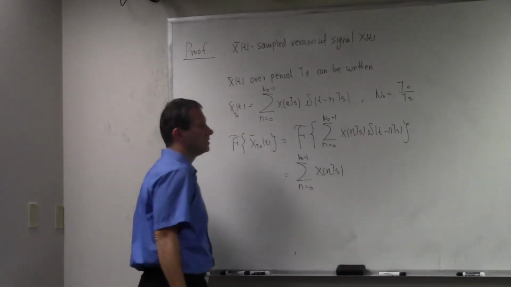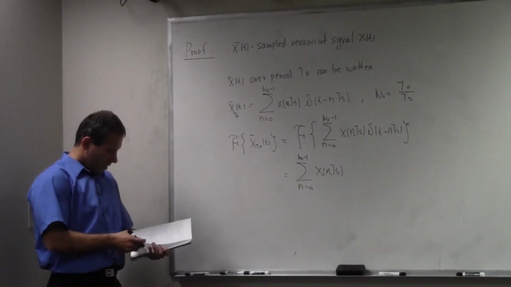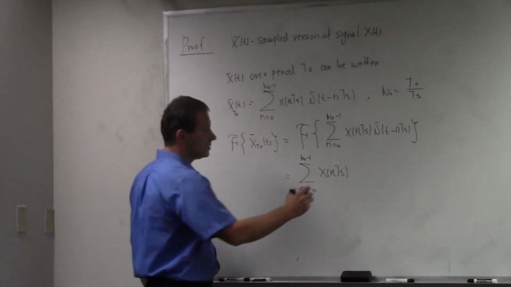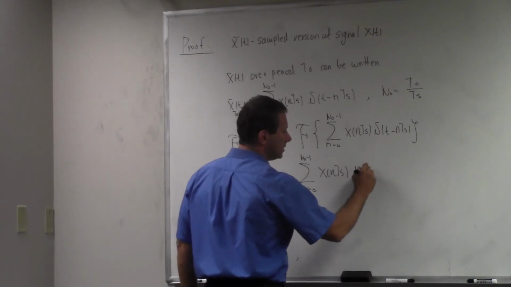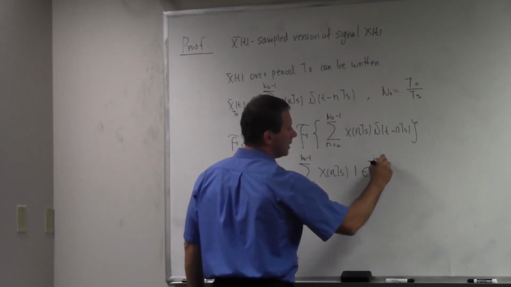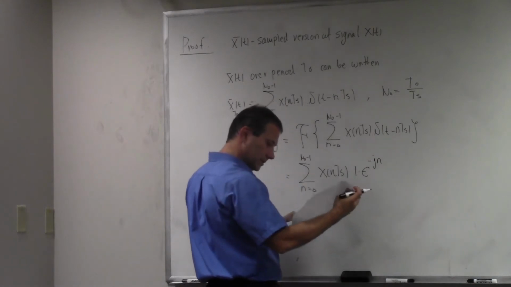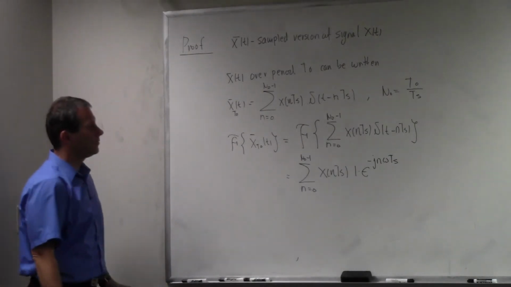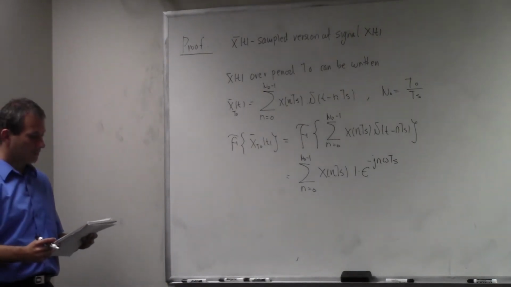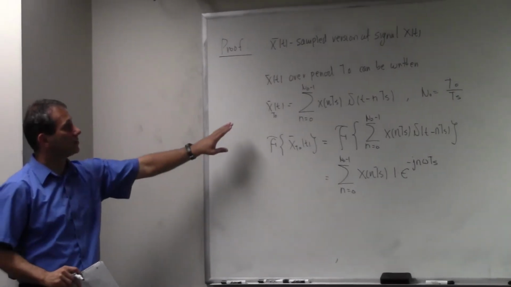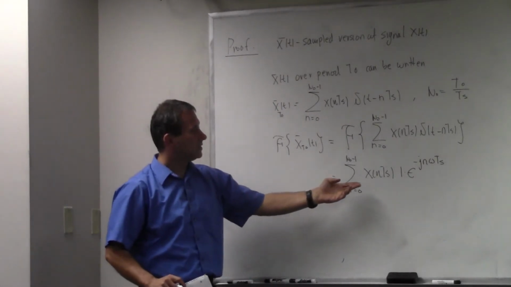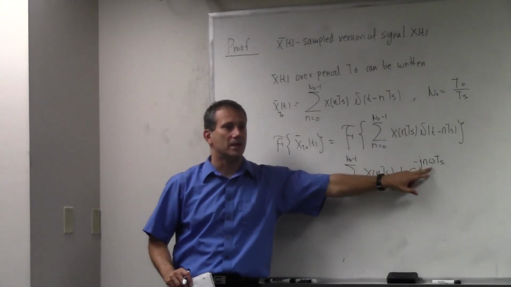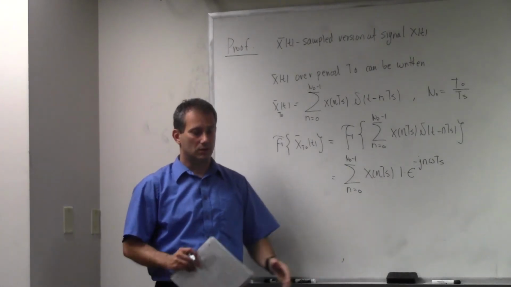What's the Fourier transform of this delta? It's just a delay, right? The Fourier transform of the delta is e to the minus j n omega ts. So that's the Fourier transform of this truncated version of the signal. The problem with this is that it's still not discrete as a function of omega. It still continues in omega.